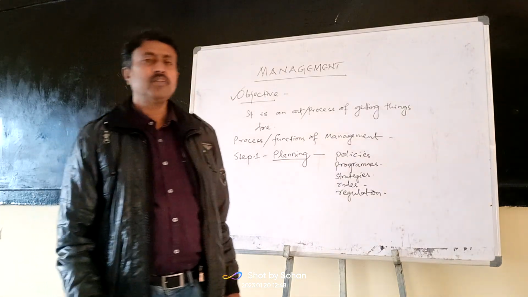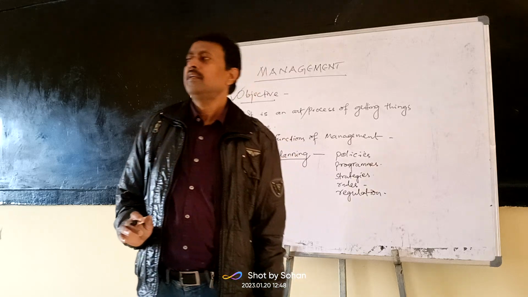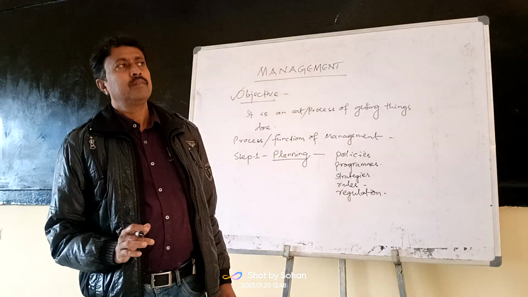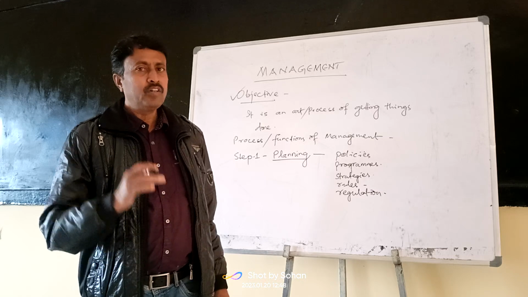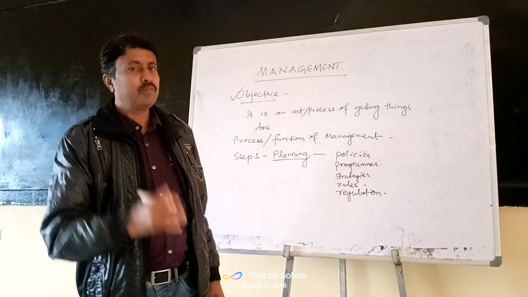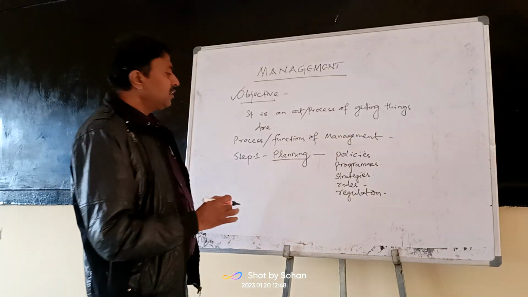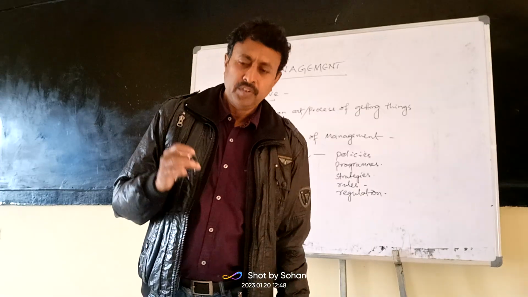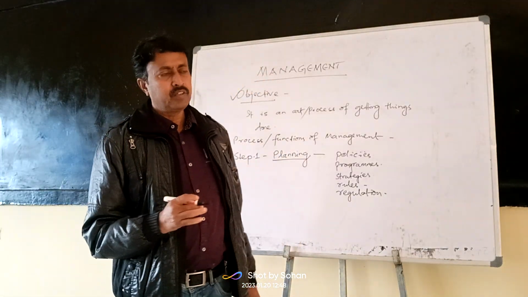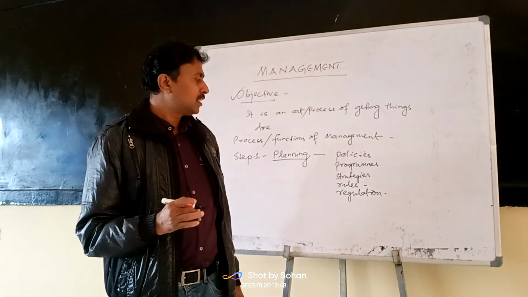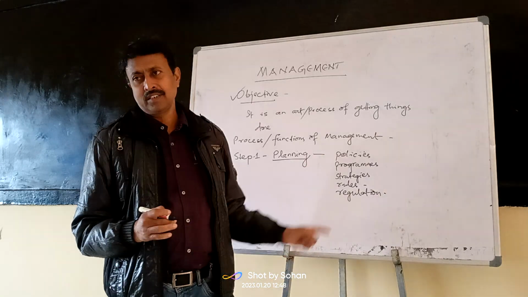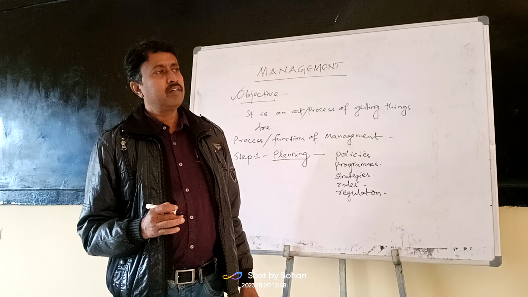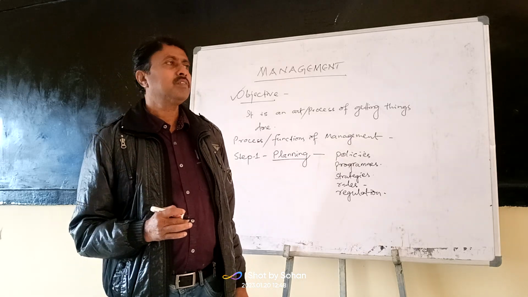Plan is the future course of action, and that plan is to be executed. So first thing here: plan your work, then work out your plan. Okay. So planning is the process of determination or formation of various plans, that may be policies, programs, rules, regulations and strategies in order to make things done.